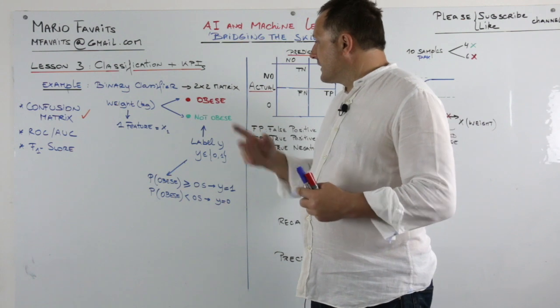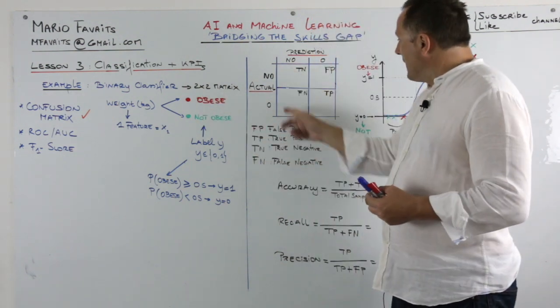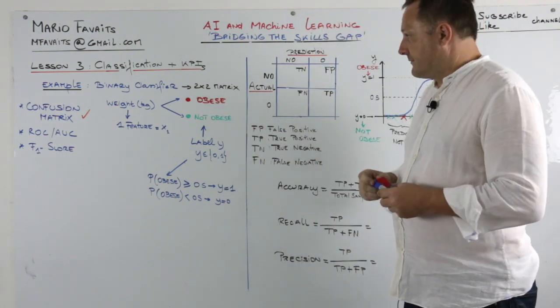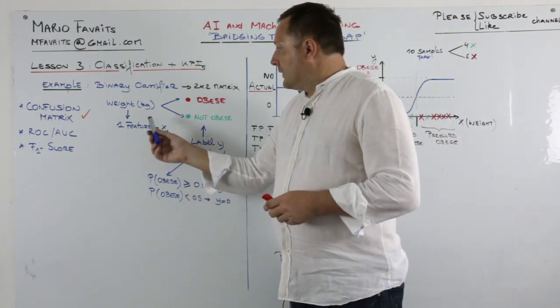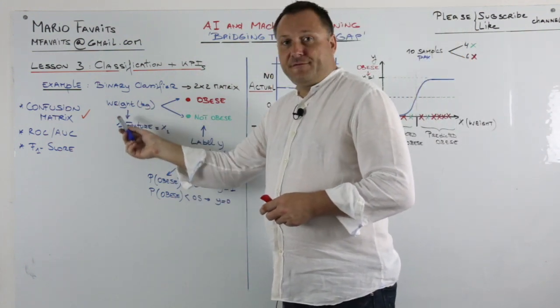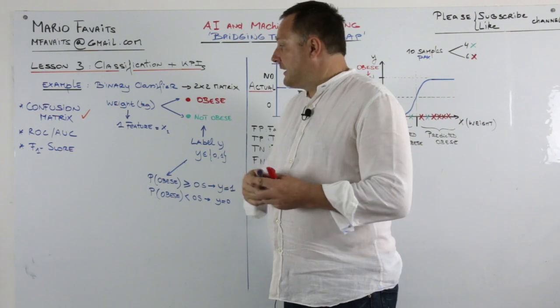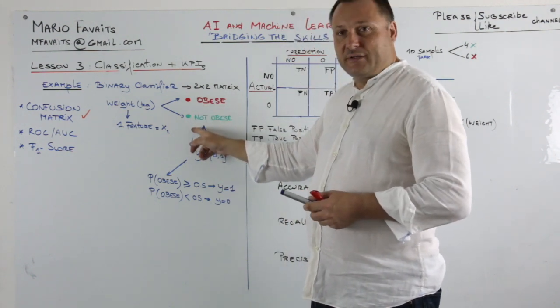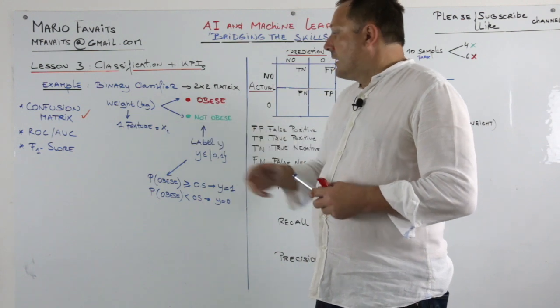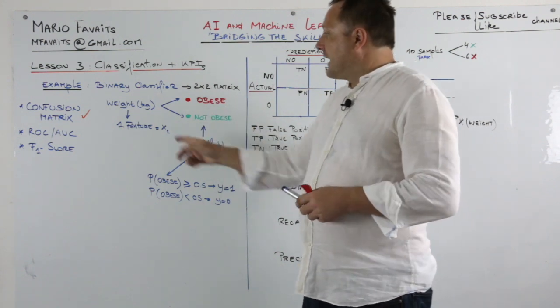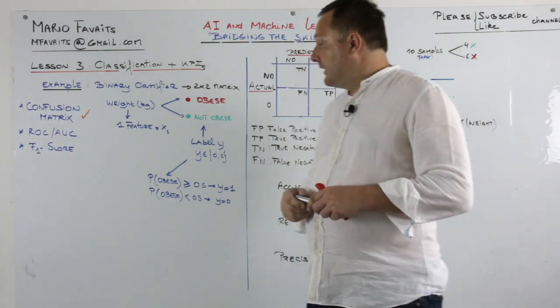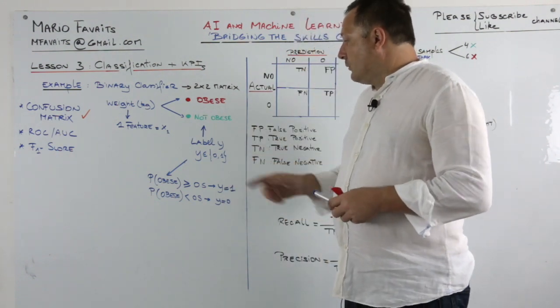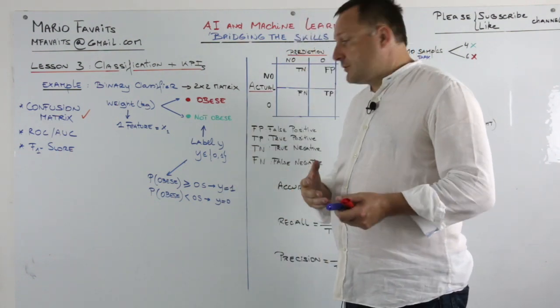Once we have a binary classifier, we know that we have a 2x2 confusion matrix. And we'll look at a feature, the weight of a person, and then we'll try to predict if that person is obese or not obese. Obese will be in red, not obese in green. So we have a situation where there's one feature here, and the label Y can take two values.